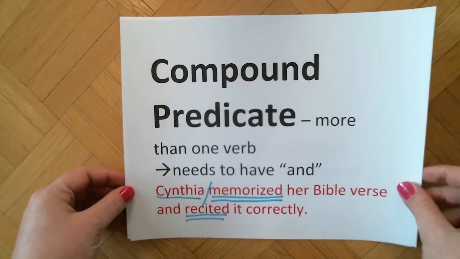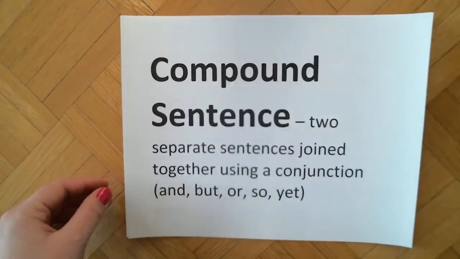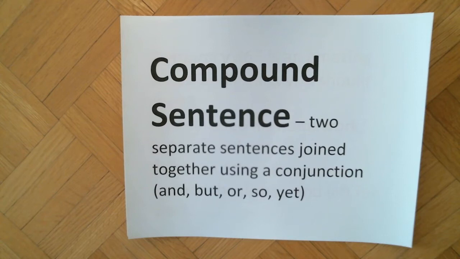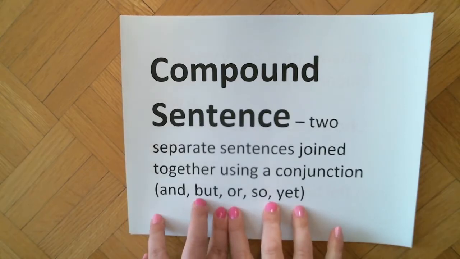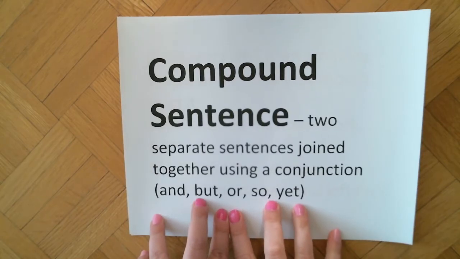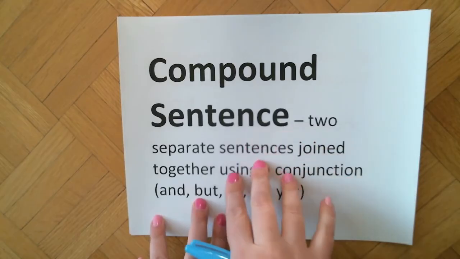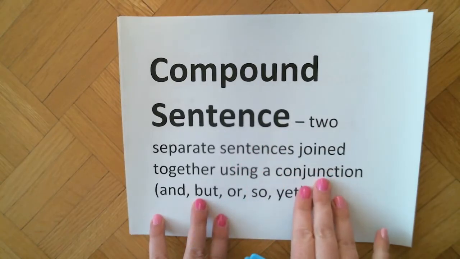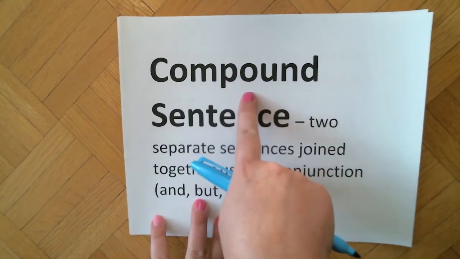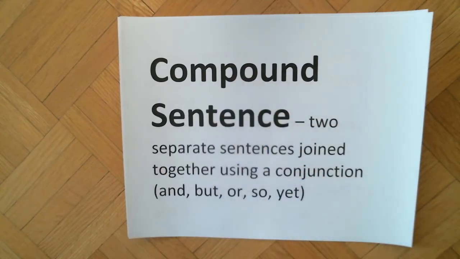So what would a compound sentence be? More than one sentence joined together using a conjunction like and, but, or, so, yet. The kind of conjunction is actually important here because not every sentence that's 2 sentences joined by a conjunction is necessarily a compound sentence. You can also have complex sentences.